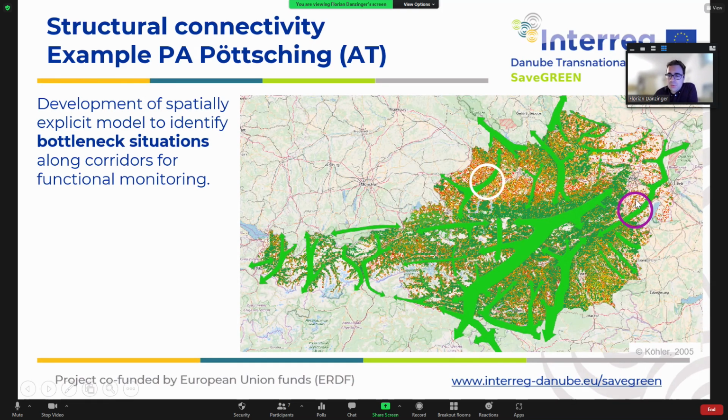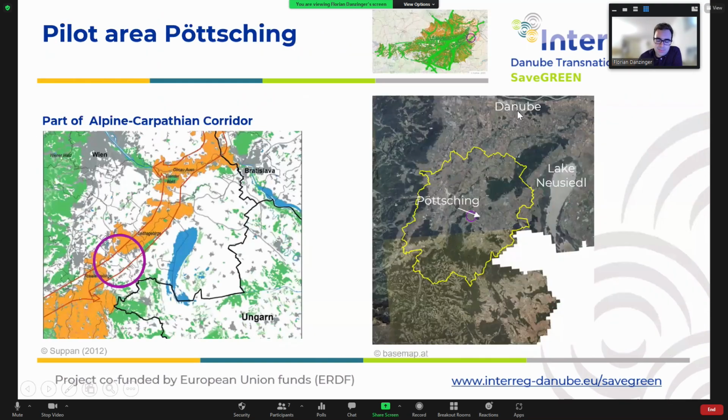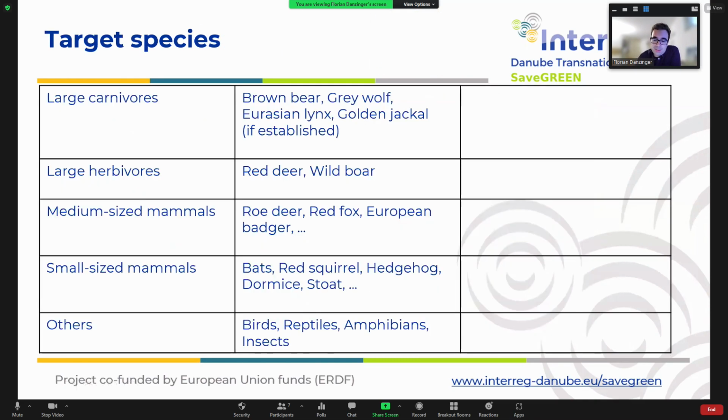Today I would like to show you just the eastern Austrian pilot area, and there we have a bottleneck situation on the Alpine Carpathian corridor. That area is called Bridging, and there we already have two green bridges. And Roland already mentioned this.